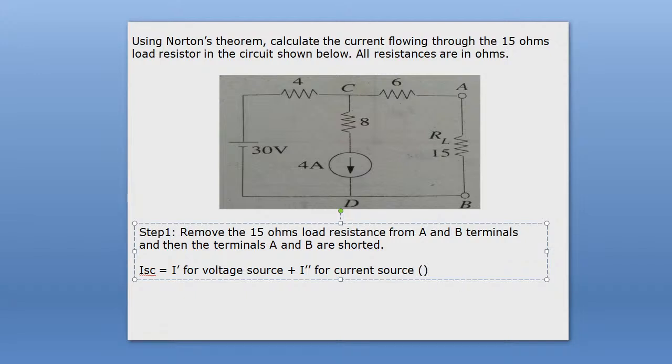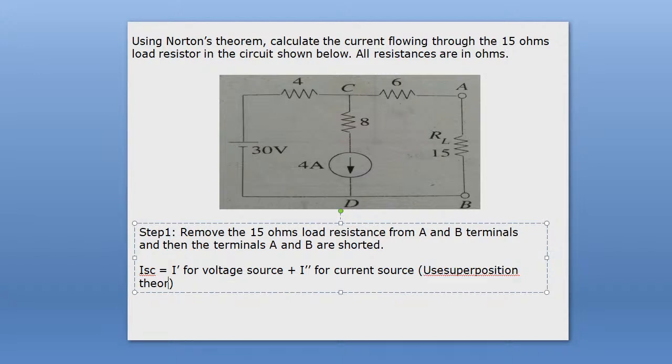Use superposition theorem. Okay, so to calculate short circuit current for two independent sources, we can use superposition theorem.